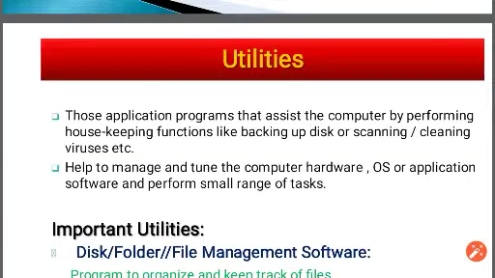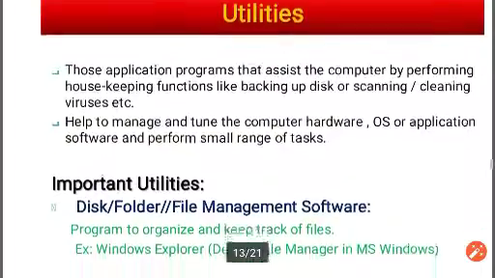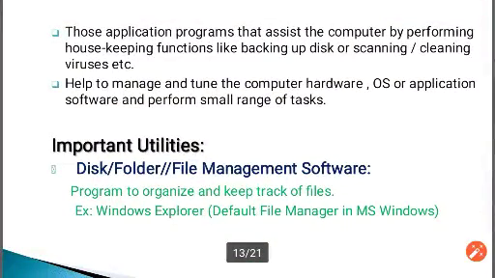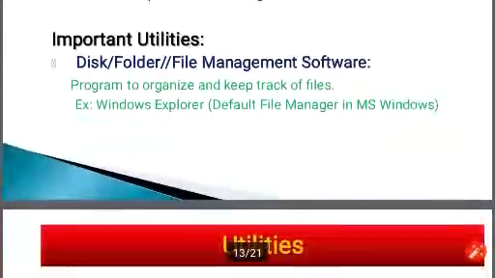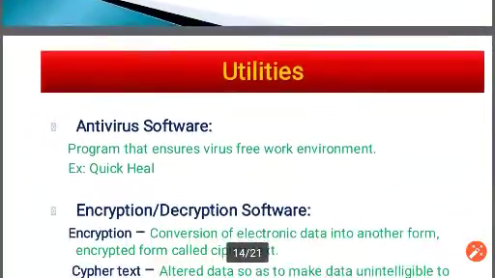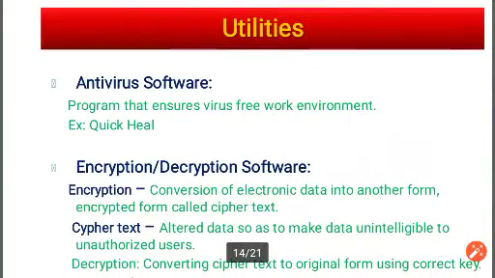What are the important utilities that we have? First is disk, folder or file management software, like Windows Explorer on our computer, which is the file manager in MS Windows, the default file manager. Then we have antivirus software like Quick Heal, and the last one is encryption or decryption software.